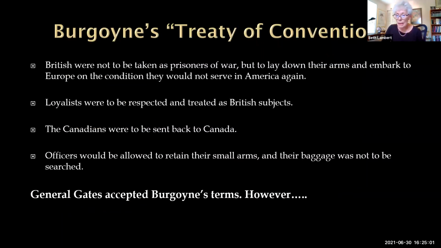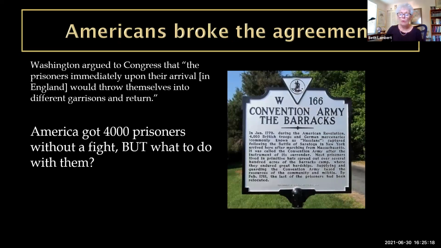But Burgoyne was not going to sit by and let this happen. He gave his Treaty of Convention. The British were not to be taken prisoners of war, but they were to lay down their arms. Canadians were to be sent back. Washington said, "Are you crazy? You send all these soldiers back and they're going to turn around and come back on the next ship."